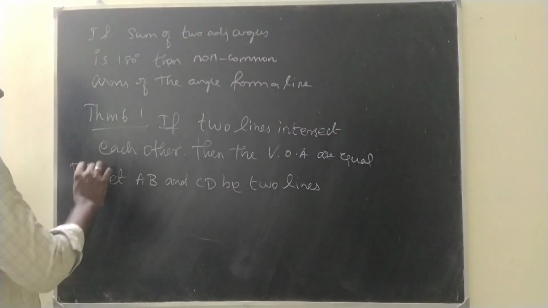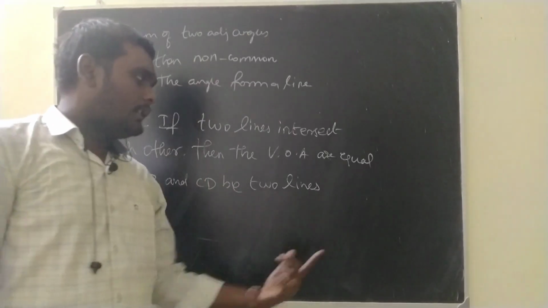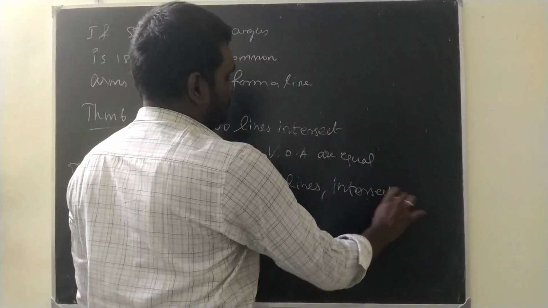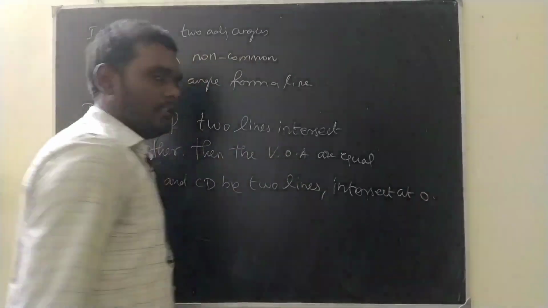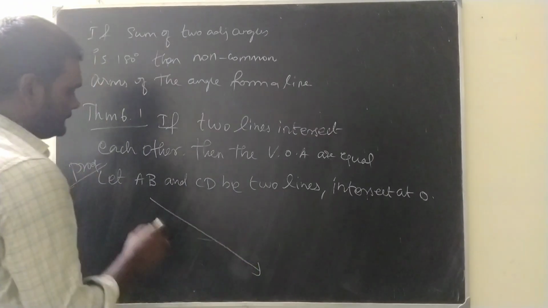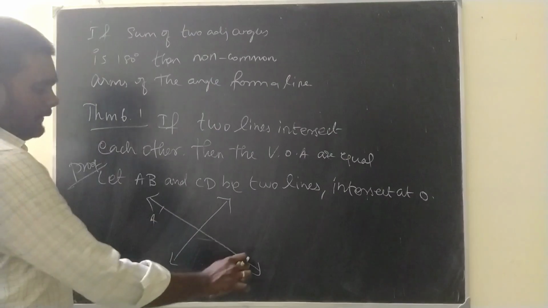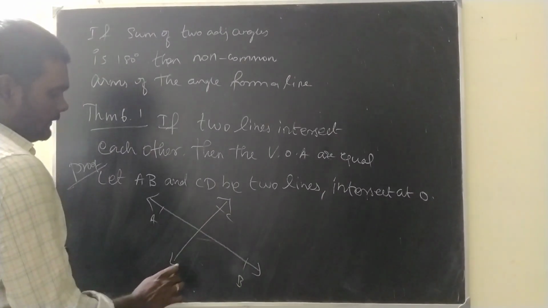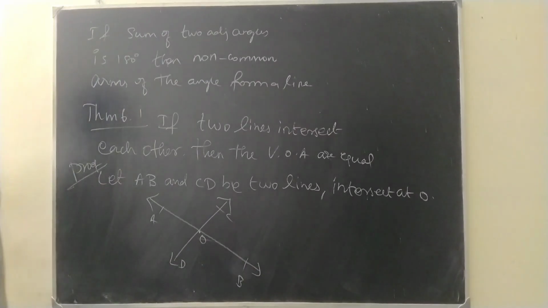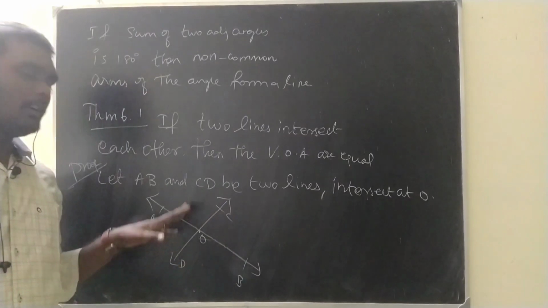This is the proof I am writing. Two lines intersect at O. These two lines intersect at O. So we should draw and verify. Here I am naming A, B, C, D, intersecting at O. What do we need to prove?